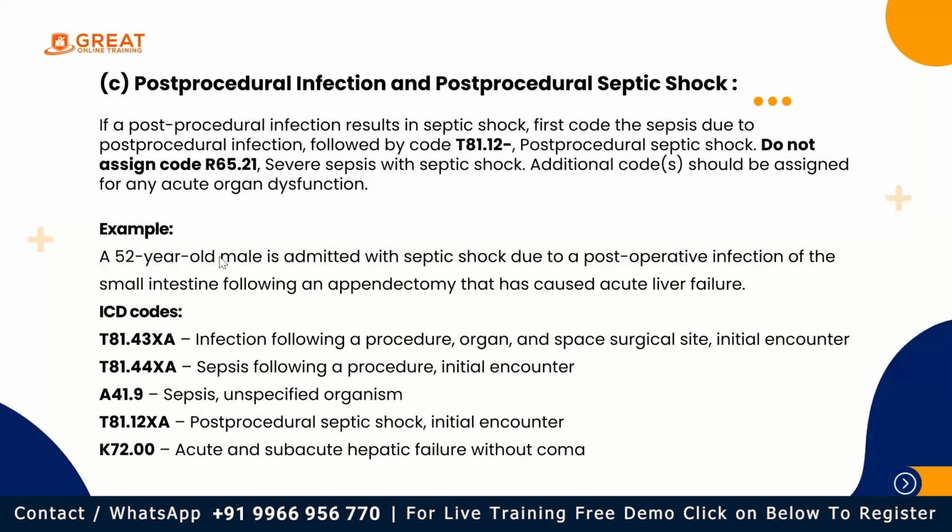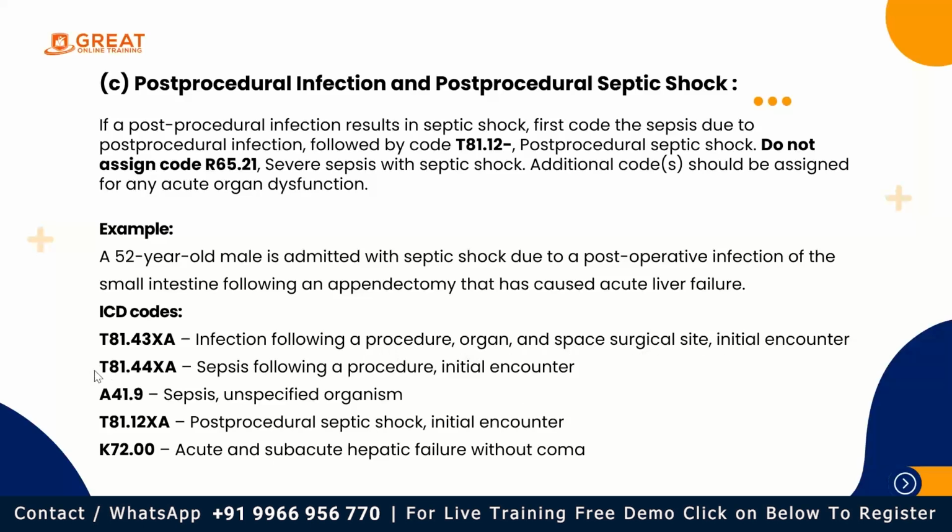This is the example. A 52-year-old male is admitted with septic shock due to a post-operative infection of the small intestine following an appendectomy that has caused acute liver failure. So here we have to use T81.43XA for infection following a procedure, organ and space surgical site, initial encounter.